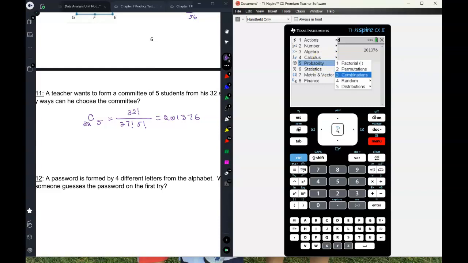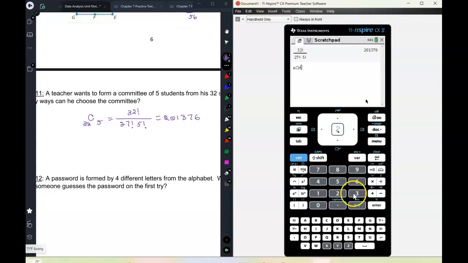Go to number 3, combinations. And here, let's put in 32, comma is to the left of the O, 5. Press enter. Wow. Oh my goodness. Oh, I kind of like it.